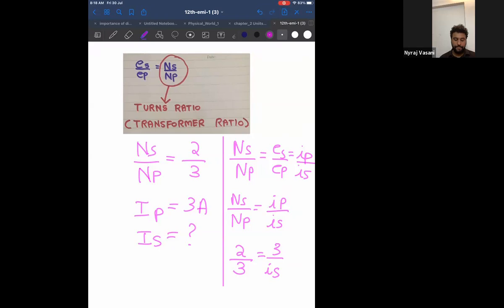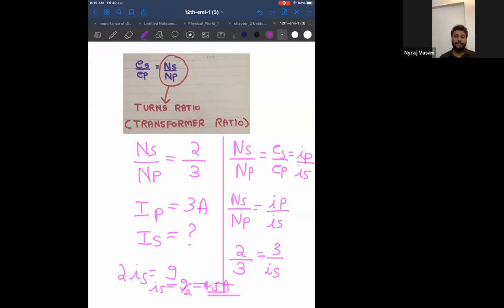Just check why. Therefore, if you multiply, I will get 2 into IS. Are you getting it as B, everyone? Just check. The transformer ratio is NS by NP, okay?